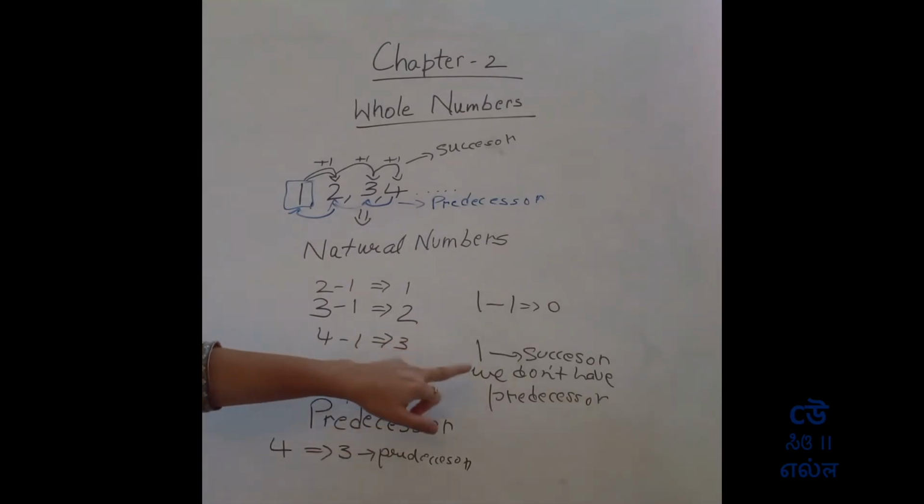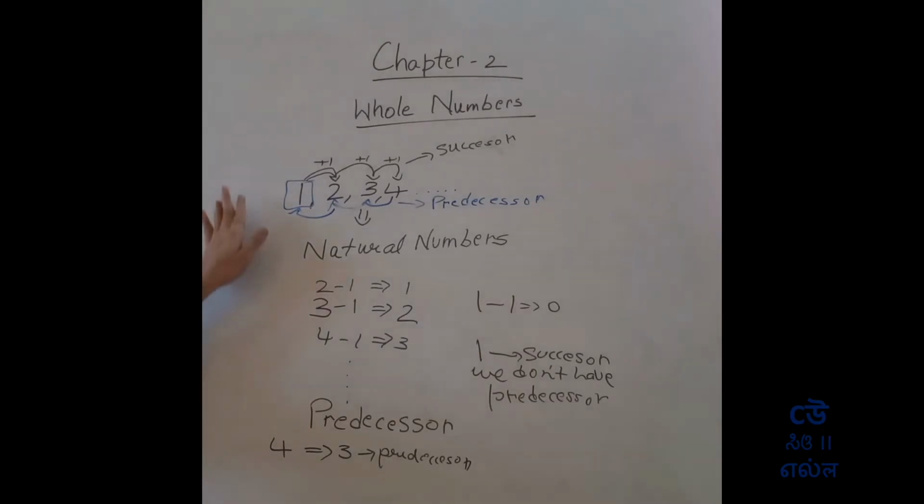For 1 the successor is there, we don't have a predecessor. Understood children? This is about natural numbers and predecessors and successors. So, let me take some examples to find the predecessor and successor.